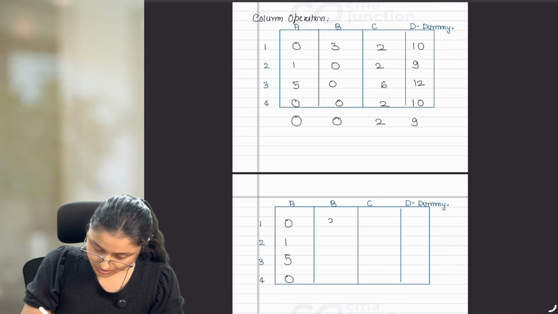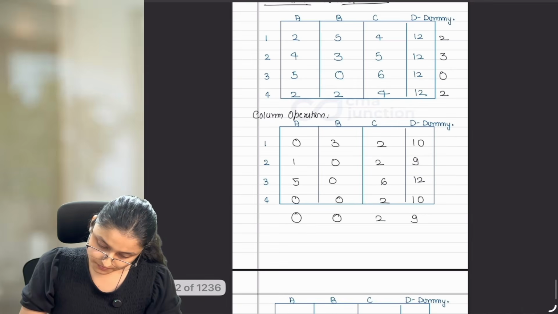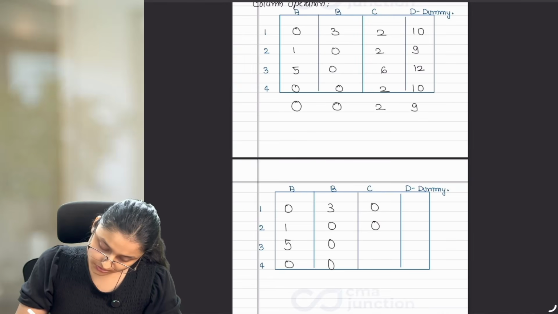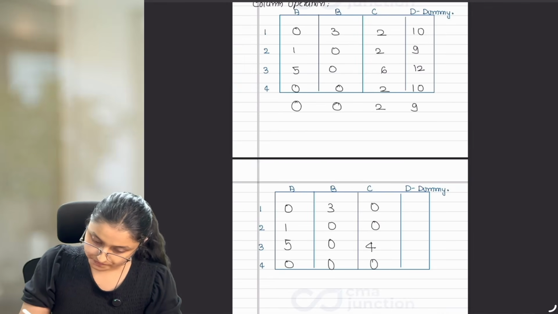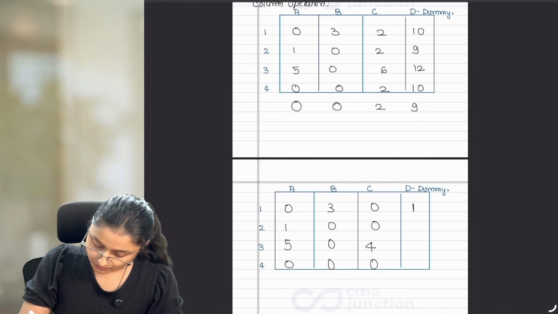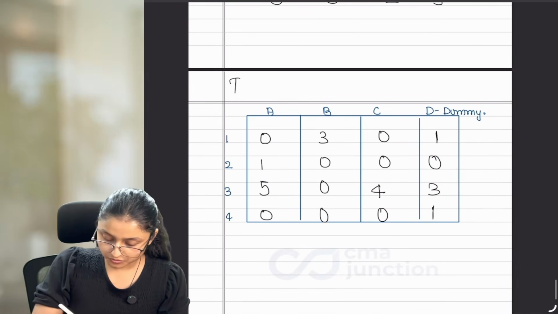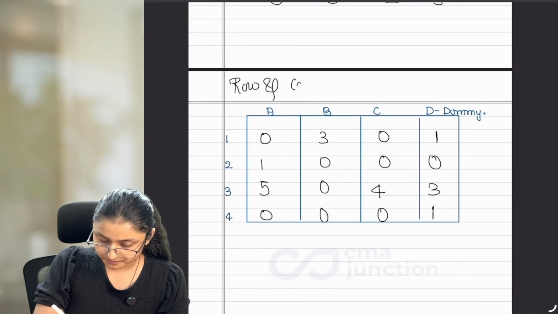Next, 3, 0, 0, 0. Next, 2 minus 2 is 0, 2 minus 2 is 0, 6 minus 2 is 4, 2 minus 2 is 0. Then 10 minus 9, 1, 0, 3 and 1. This is our matrix. In this matrix, we are going to perform row and column scanning.